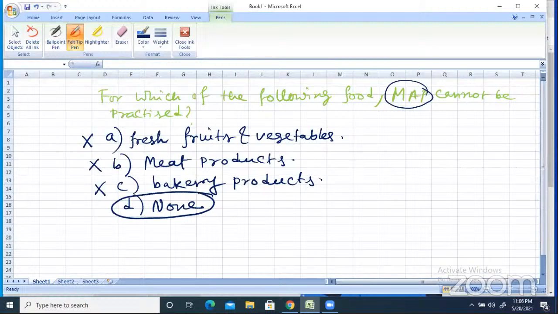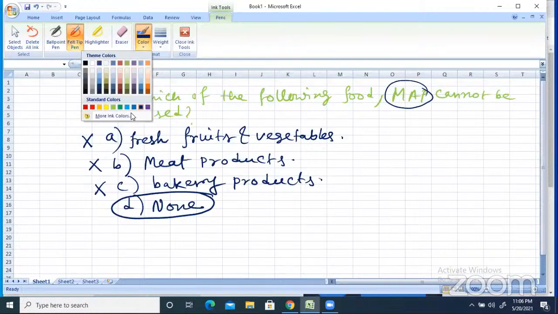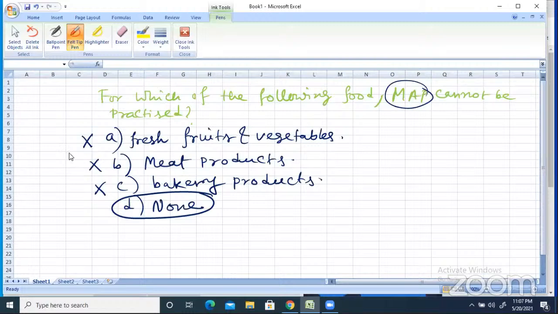Generally, in general, it is practiced by the people. Sir, I think so, strawberries and some cut fruits, MAP is used there. Yes, it is correct. No issue. But fresh fruits and vegetables, no requirement, ma'am. All three products don't require it.